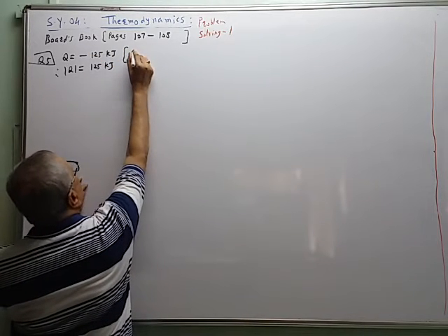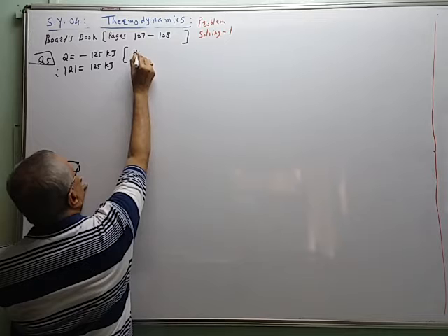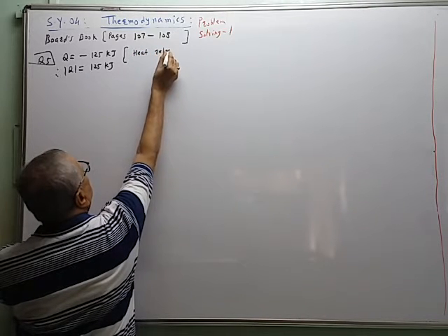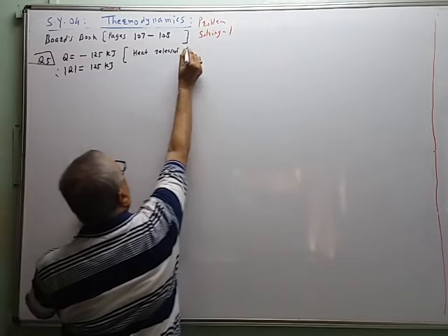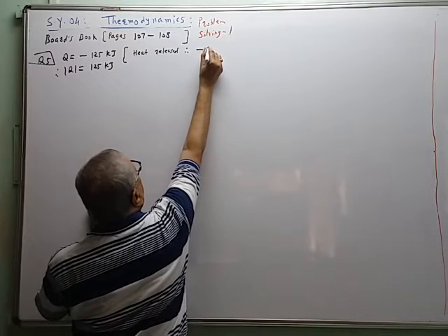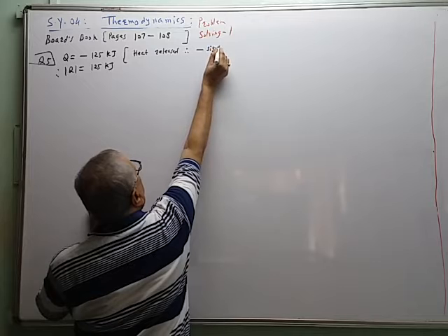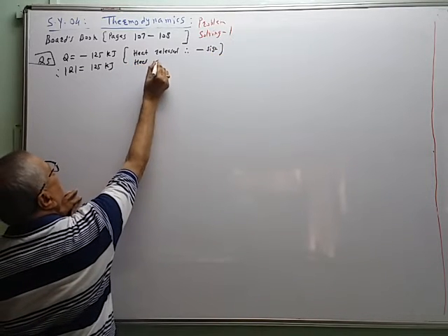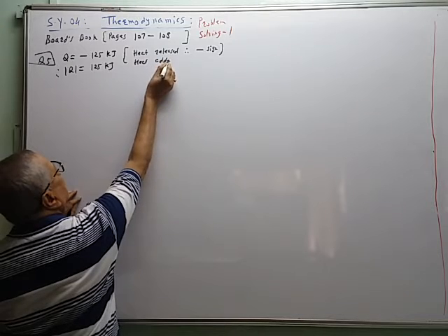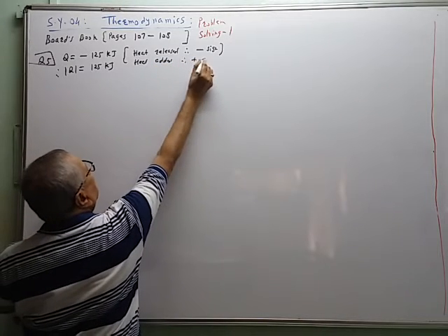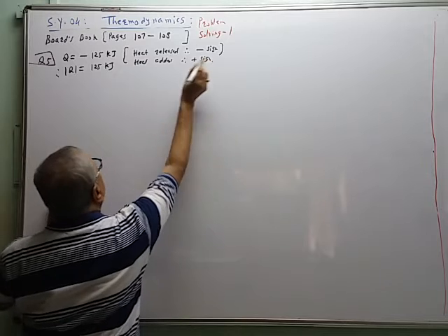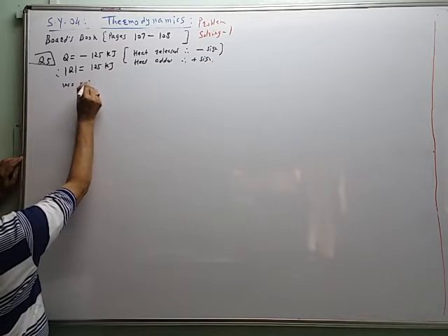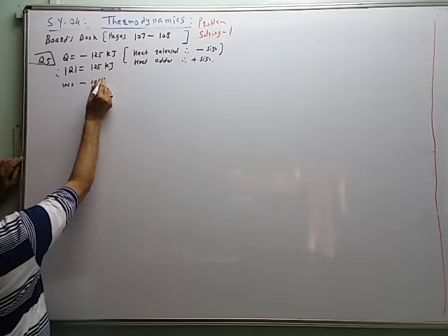By minus sign, it is released, therefore minus sign. If it is added, plus sign. These are the sign conventions. Then W is equal to minus 104 kilojoule.